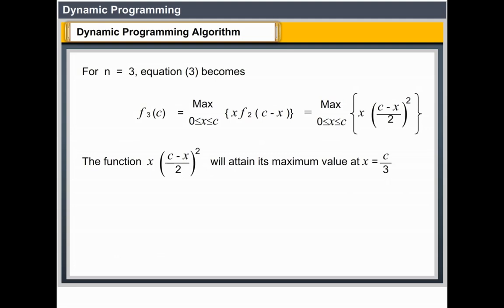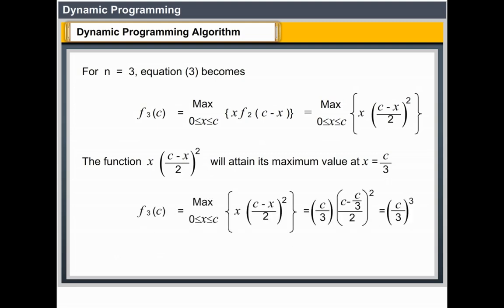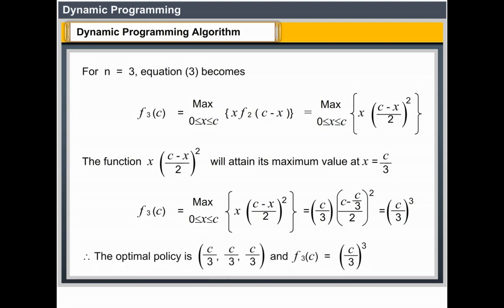The function x into ((c minus x) by 2) the whole square attains its maximum value at x equal to c by 3. f3 of c equal to maximize, for 0 less than or equal to x less than or equal to c, x into ((c minus x) by 2) the whole square, equal to c by 3 into ((c minus c by 3) by 2) the whole square, equal to (c by 3) the whole cube. Therefore, the optimal policy is c by 3, c by 3, c by 3, and f3 of c equal to (c by 3) the whole cube.